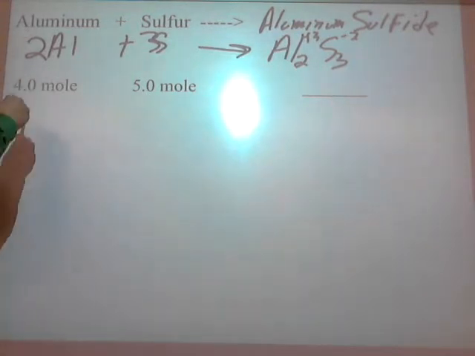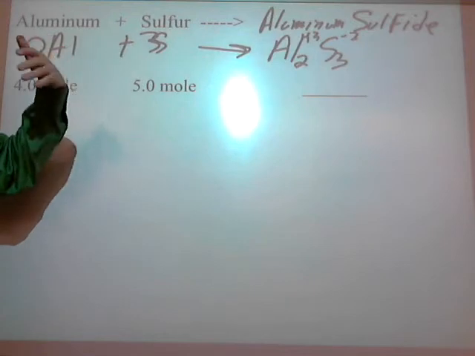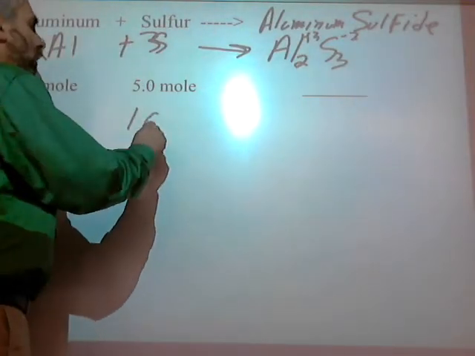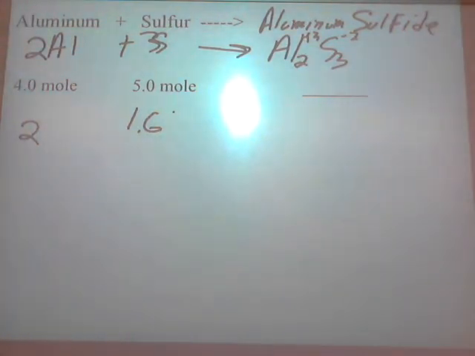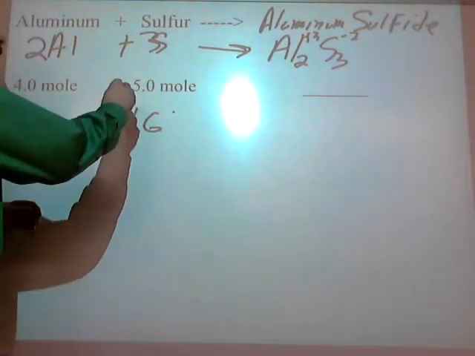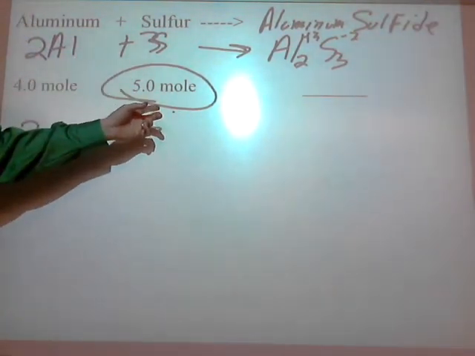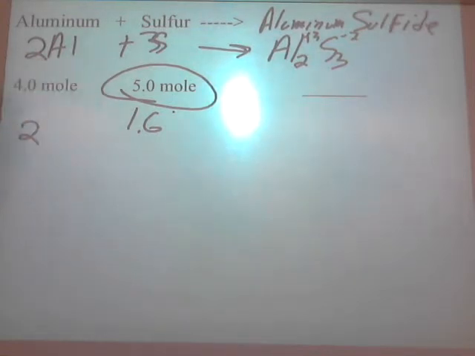4 divided by 2 is 2, correct? 5 divided by 3 is what? 1.6 repeating, I think, right? Okay. So who's in lesser abundance? This guy. He's my limiting reactant, even though there's more of him, because I need 5 pickles instead of 4.